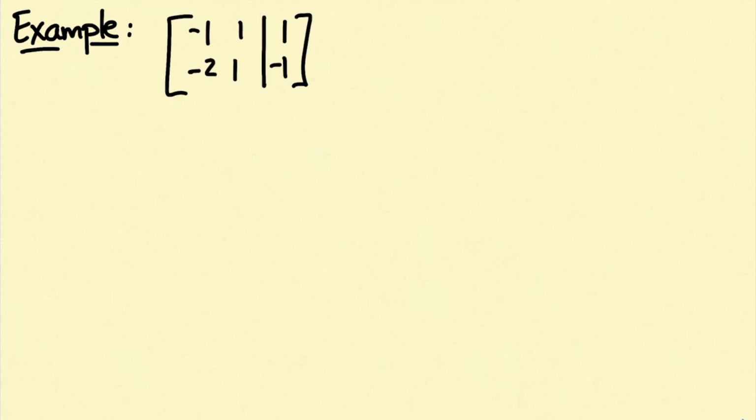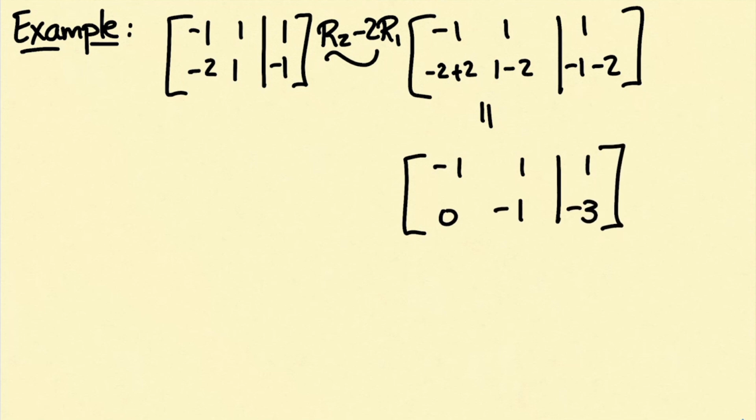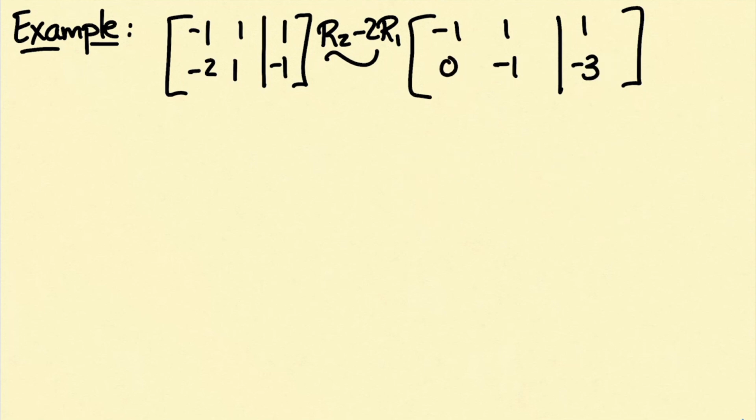If we want to replace row 2 by R2 minus 2 times row 1, we would get this augmented matrix is equal to the matrix. Now, if we would like to solve our system, next add row 2 to row 1.